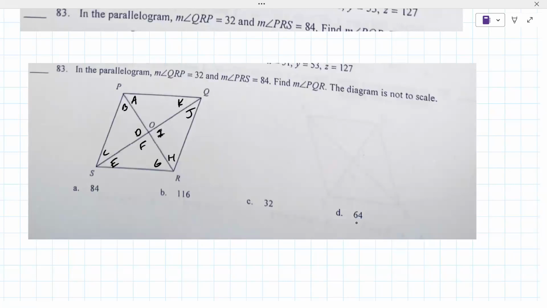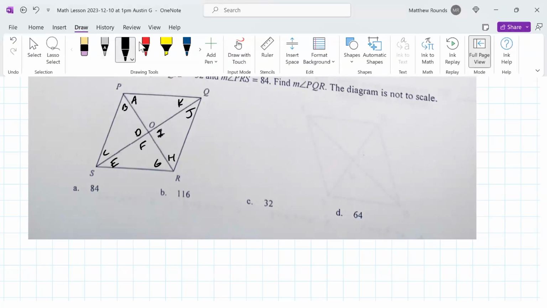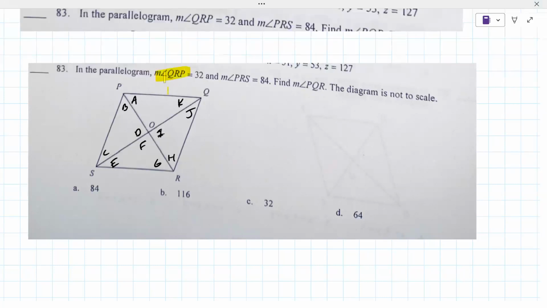Which letters? Yep. This is just identification. This is the most important part. If you can't identify the angle, might as well not even do the problem. So, which letter is it?